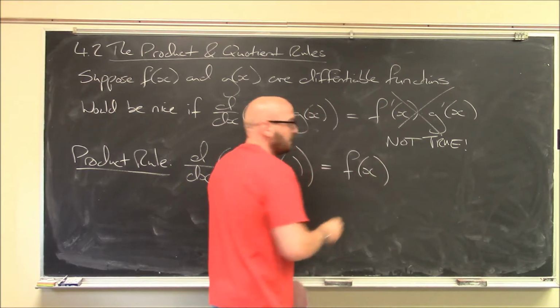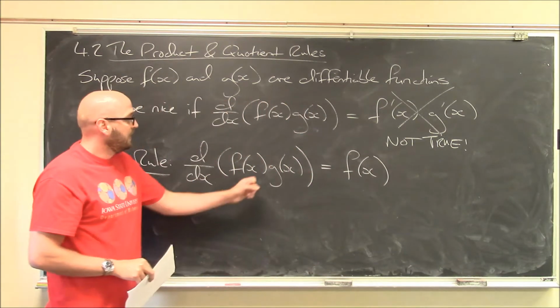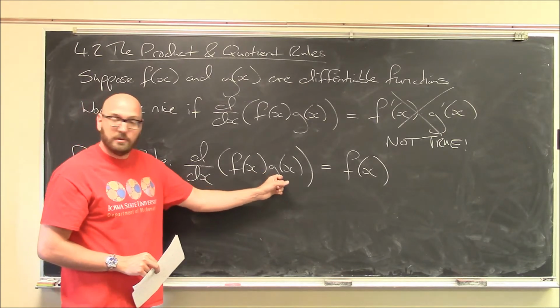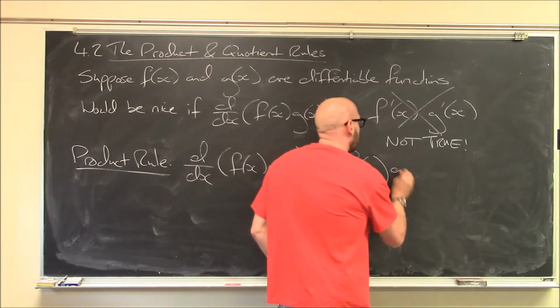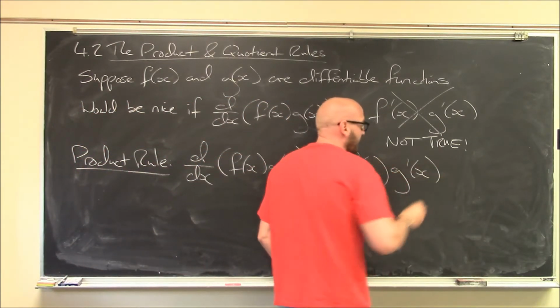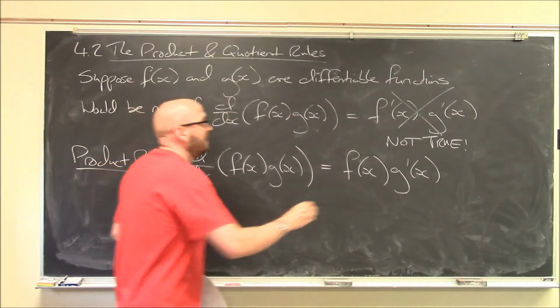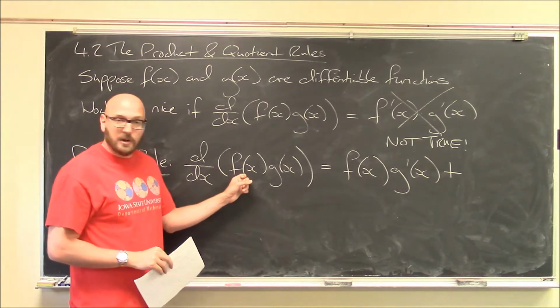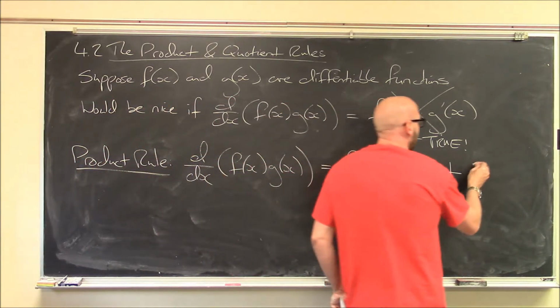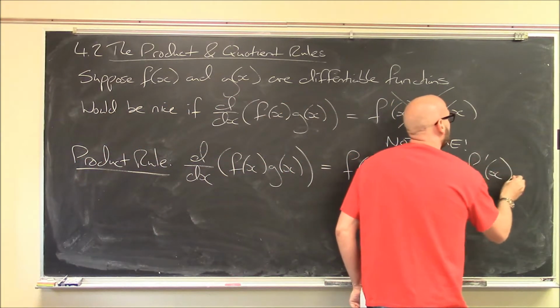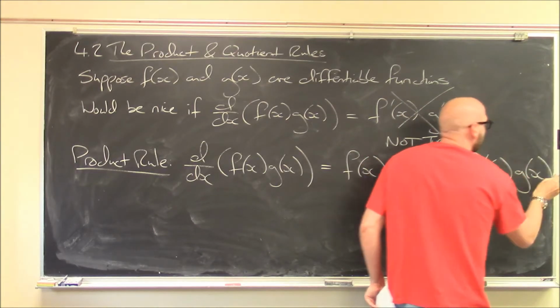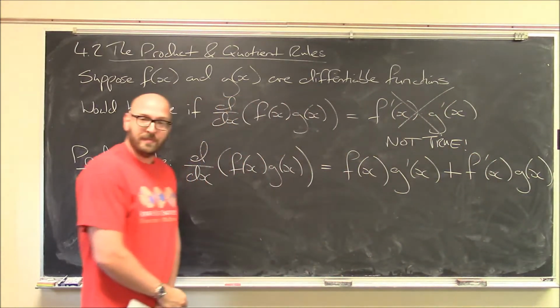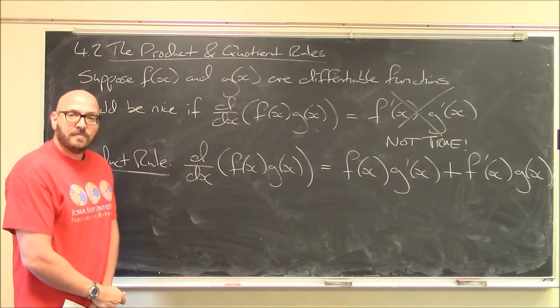So it's f of x, that stays alone, and then you multiply that by the derivative of g. So f of x times g prime of x, and I'm still not done, plus, now I differentiate the first function. So plus f prime of x times the second function not differentiated, g of x.